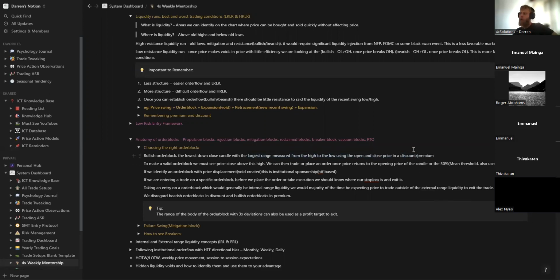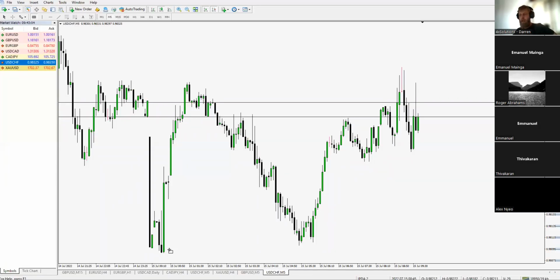So a bearish order block in a premium or a bullish order block in a discount. For this example, we're just going to do a bullish order block, and it is the lowest down close candle with the largest range measured from the high to the low using the open and closing price.